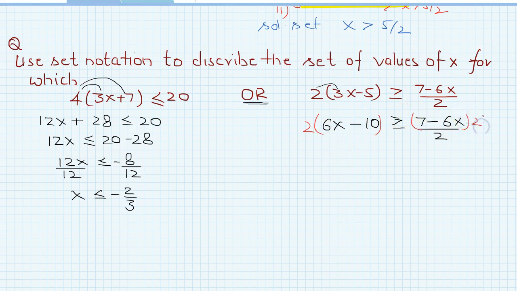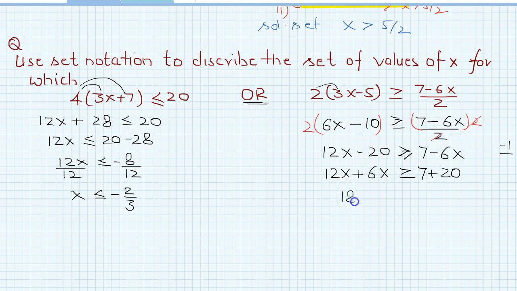So this 2 and 2 will cancel. So this side will become 12x minus 20 is greater than or equal to 7 minus 6x. We are not going to change the sign of inequality unless we multiply or divide by -1. So we have 12x and this 6x will come this side. It will become plus 6x is greater than or equal to 7. This 20 will go that side, will become plus 20.